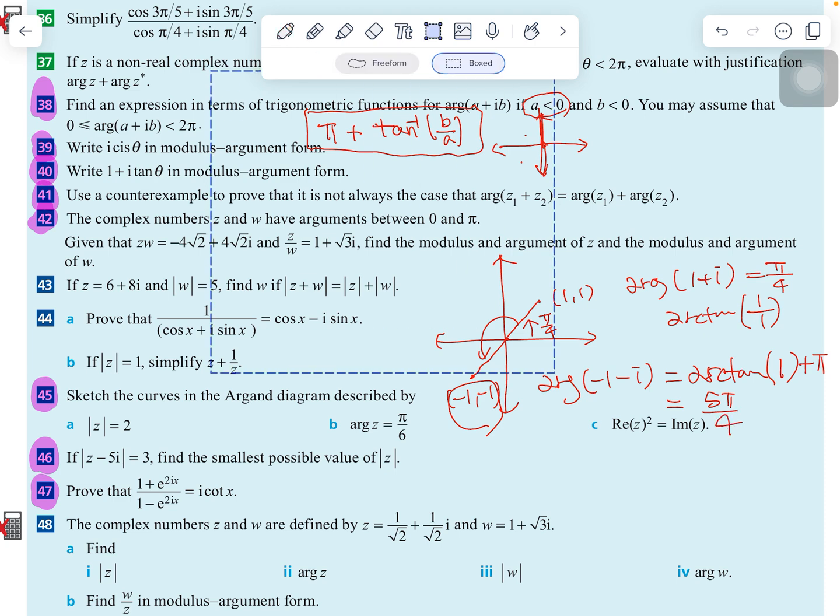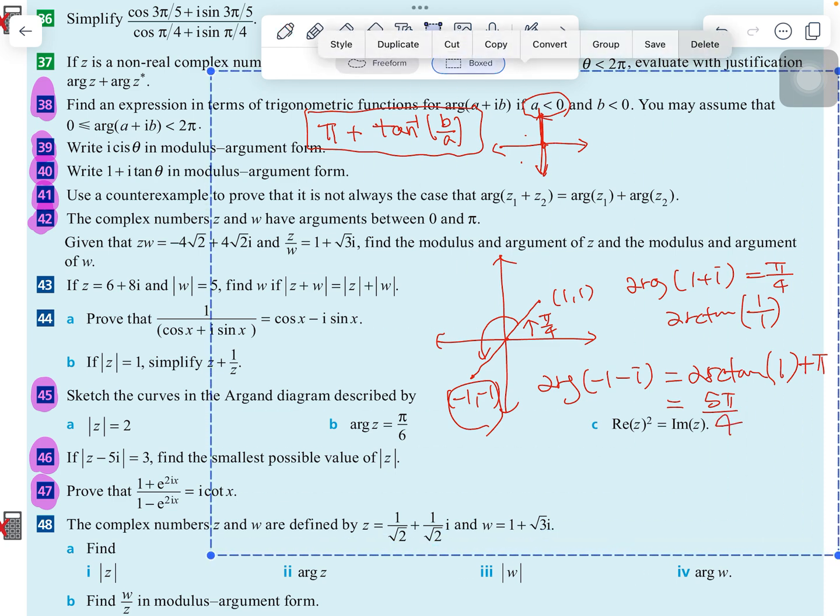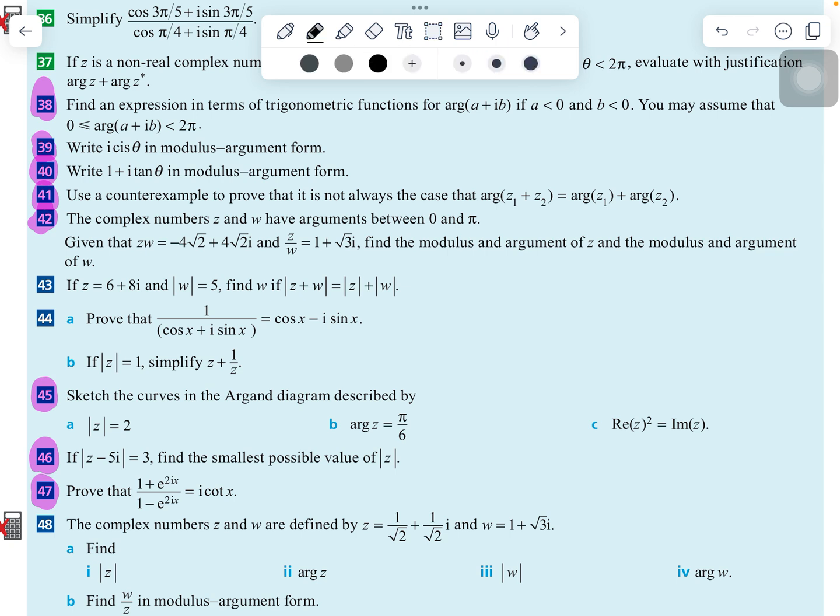And let's go to number 38. i cis theta. When you perform operations on complex numbers, or anything else, you should consider the form. It should be consistent in terms of the form when you add, subtract, multiply or divide.